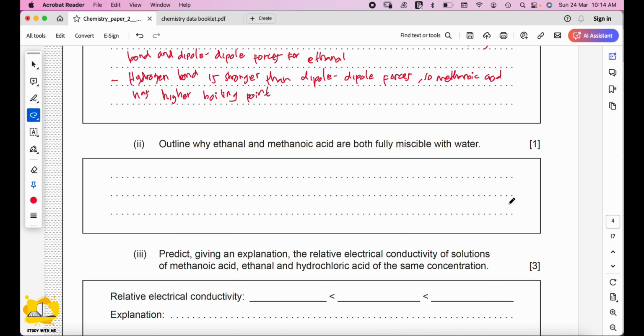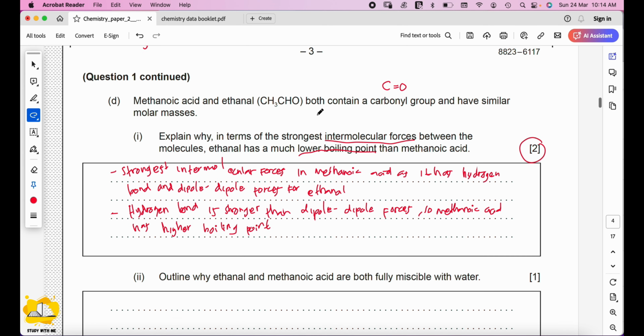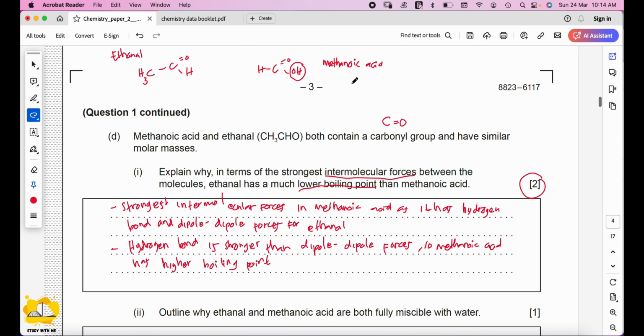Outline why ethanol and methanoic acid are both fully miscible with water. Miscible means homogeneous. So if you see the structure for both, they have the ability to form hydrogen bond when dissolved in the water. So this H will be able to form hydrogen bond, and then this one, of course, methanoic acid has hydrogen bond.